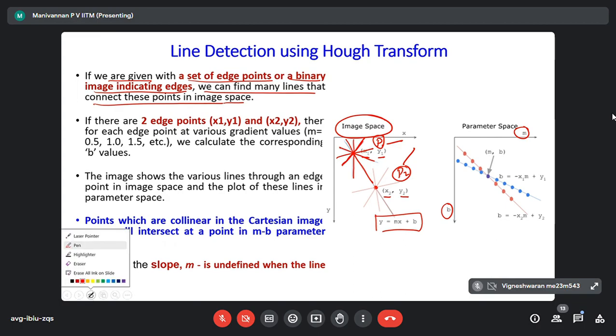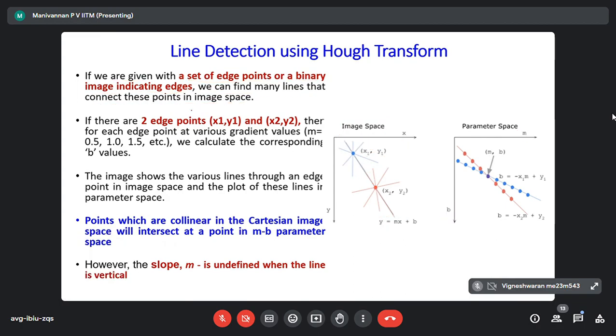Now, many lines are possible, and that is what is shown here: P1 and P2 with many different lines passing through the edge points. If there are two edge points, x1, y1 and x2, y2, as shown here, then through each edge point there are lines at various gradients. That is what I call the slope m.